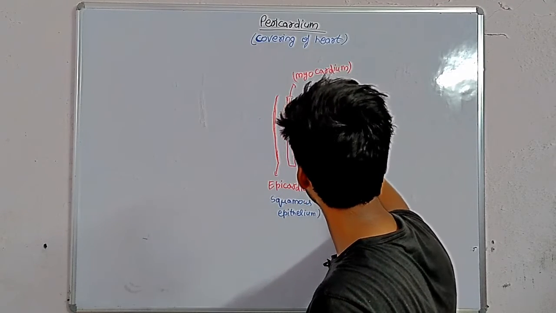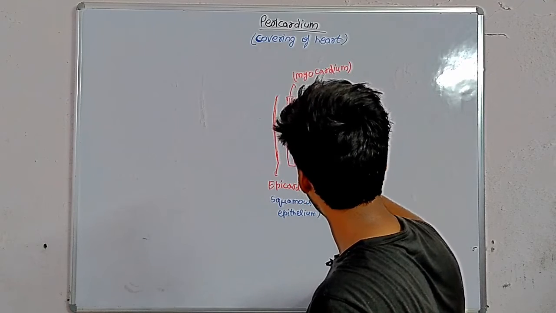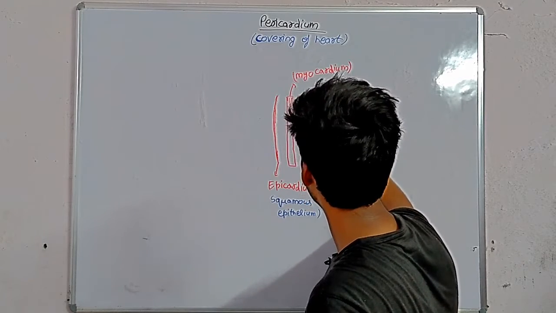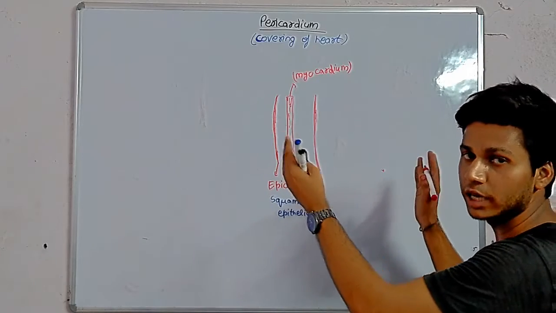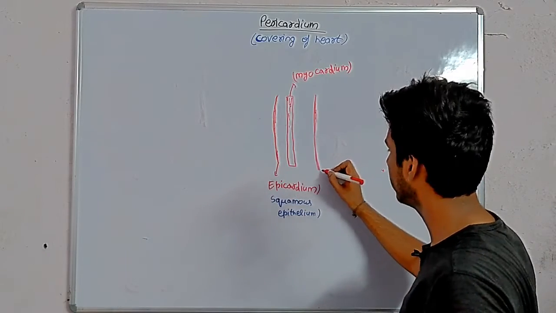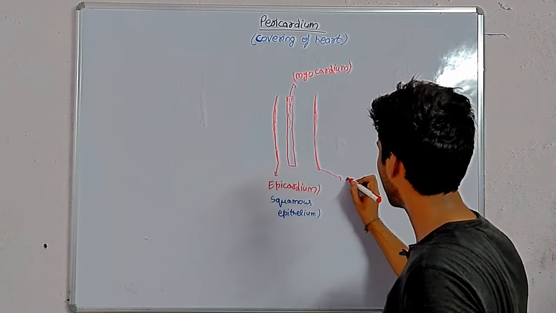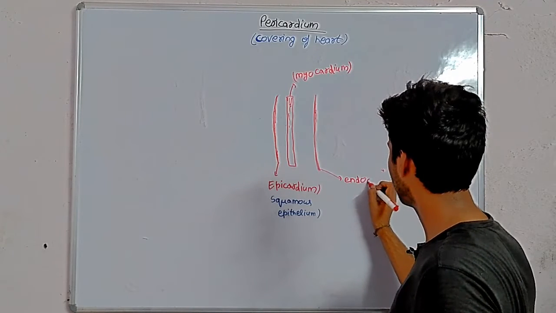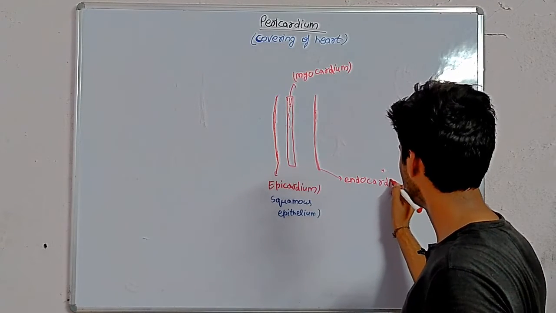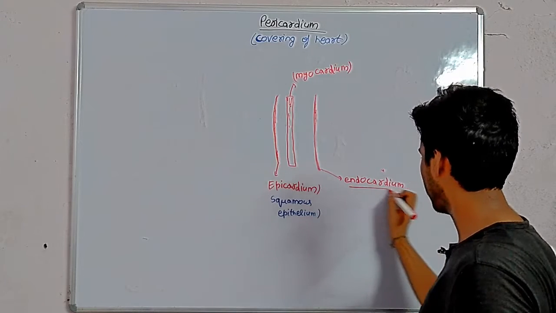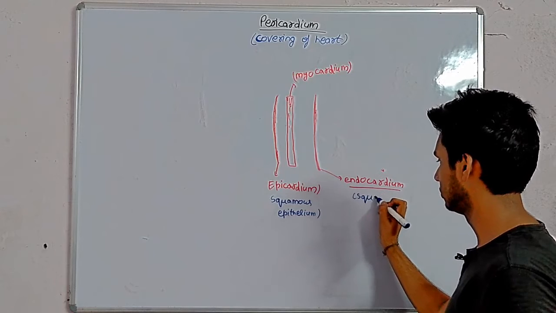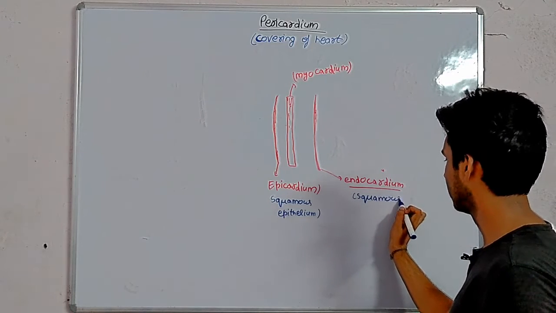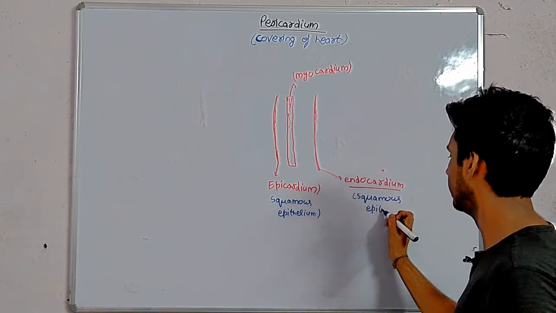Another layer of the heart muscle is the endocardium. These are the walls of the heart, not walls of the pericardium. These 3 layers form the heart muscles. Remember, the endocardium is also squamous epithelium.